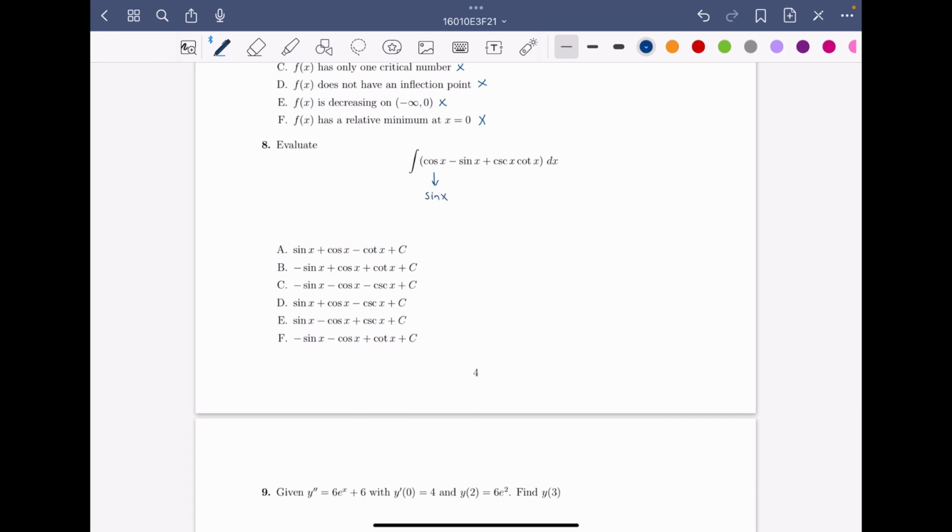The integral of negative sine x is plus cosine x, and then the integral of cosecant cotangent is negative cosecant x plus c. So that gives us an answer of D.